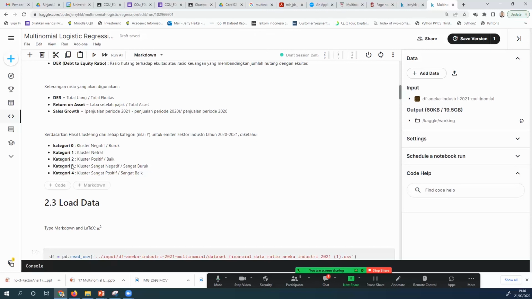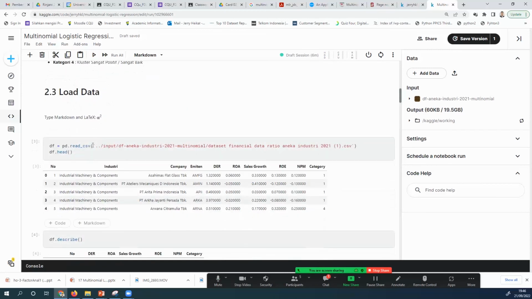Something like that, explaining the condition of the cluster.